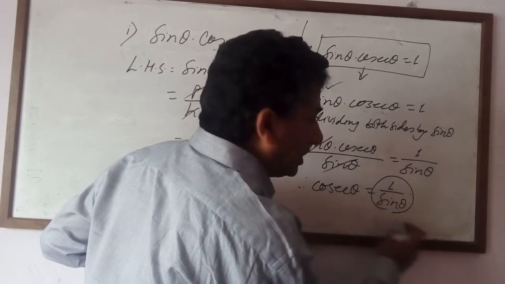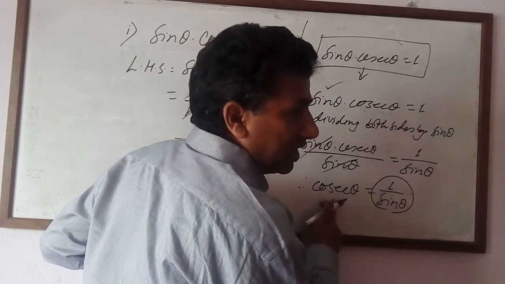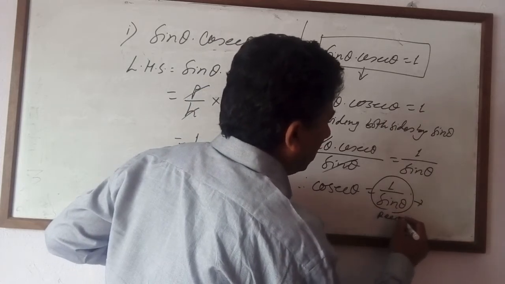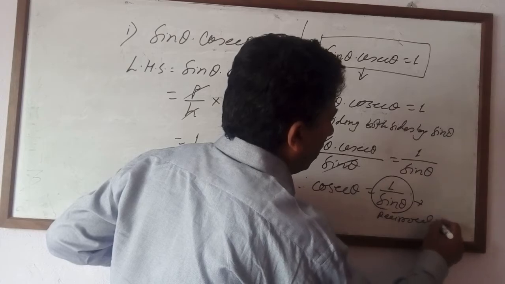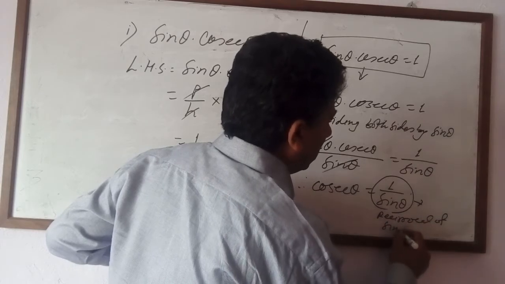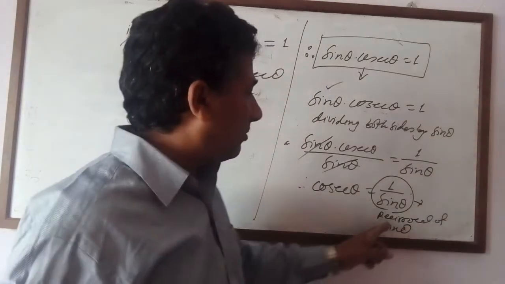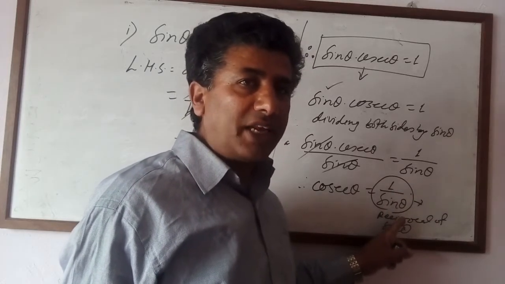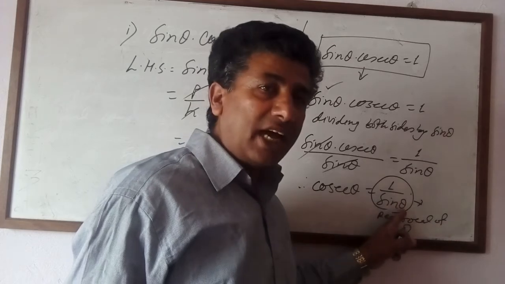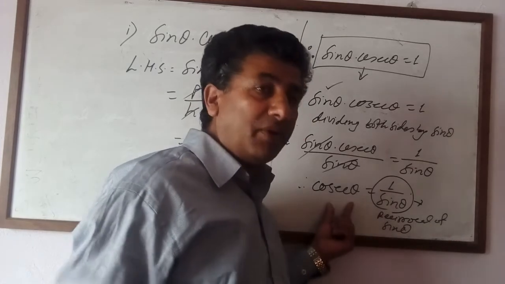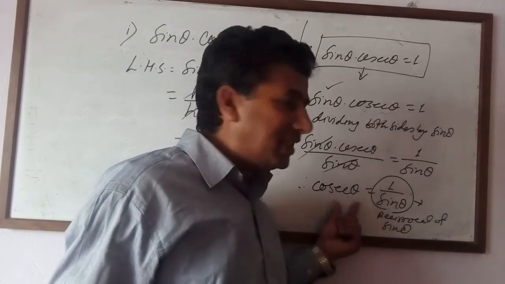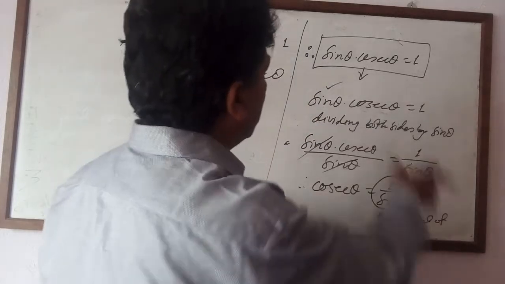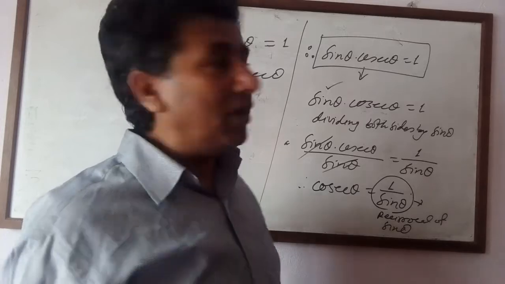That's why the reciprocal of sine theta is cosec theta. 1 by sine theta is known as the reciprocal of sine theta, and that is equal to cosec theta. So cosec theta is the reciprocal of sine theta. This is the proof. That's why this type of formula is called a reciprocal relation.